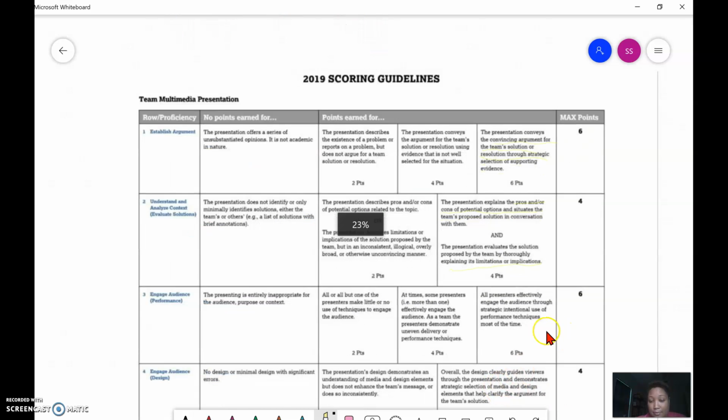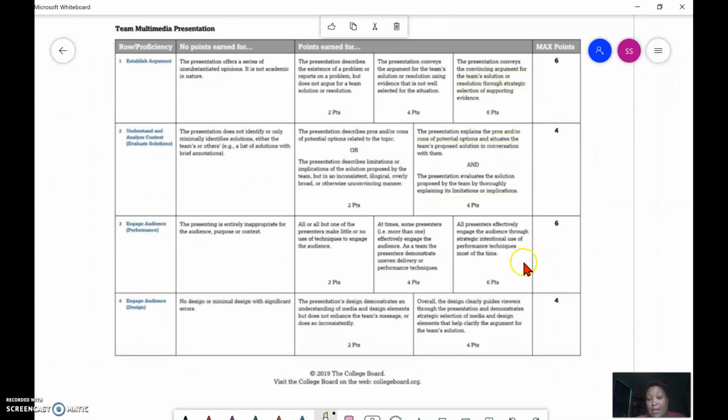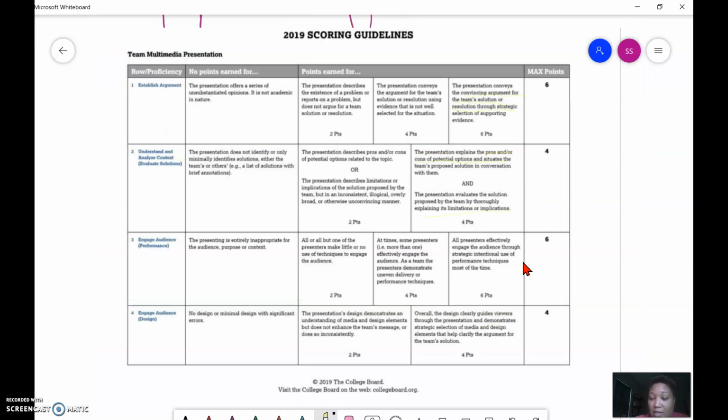The design. The design is clearly designed to guide the viewers through the presentation. It demonstrates a strategic selection of media design elements that can help clarify the argument for the team solution. So it's not a whole bunch of text.